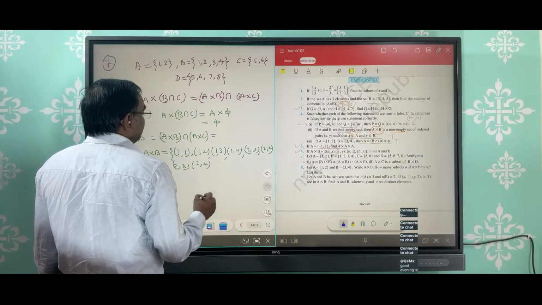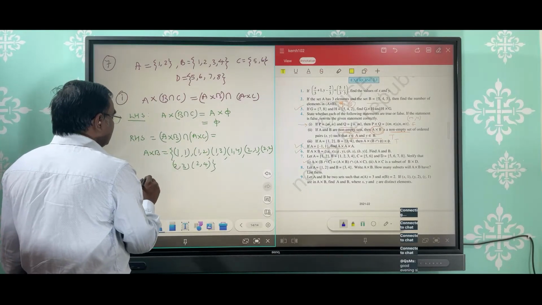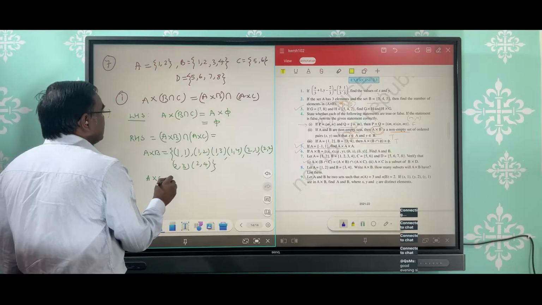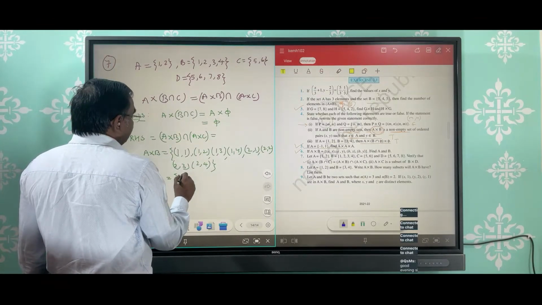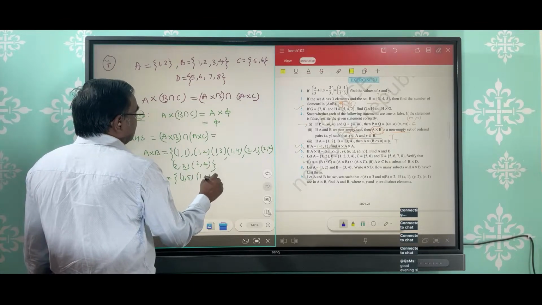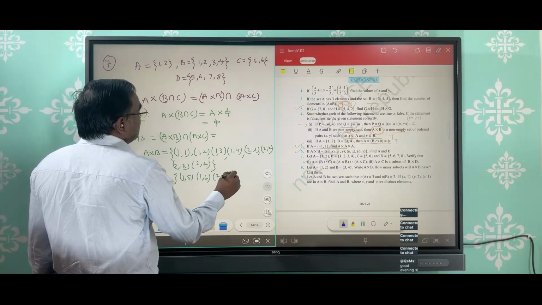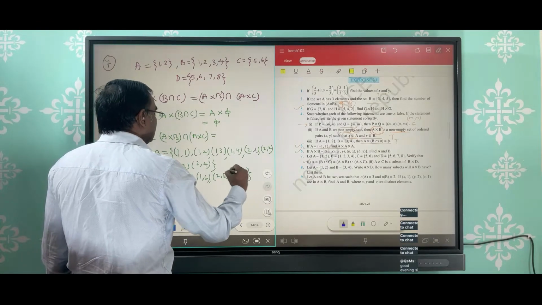Okay, so this is A cross B. Now find A cross C: (1,5), (1,6), (2,5), (2,6). This is A cross C.